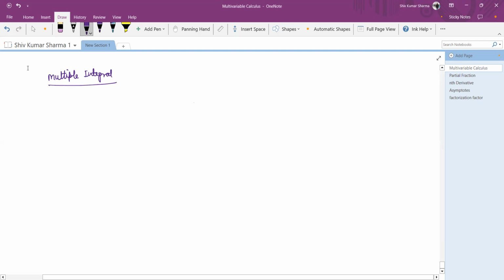So in multiple integral, we have more than one integral. That means with respect to x and with respect to y, we have a function of x, y.